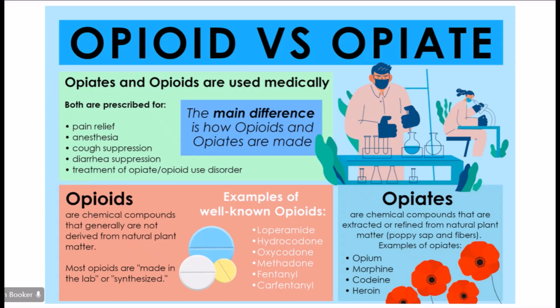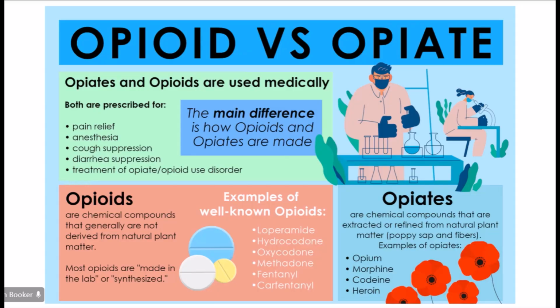Opioid versus opiate. Opiates and opioids are used medically. Both are prescribed for pain relief, anesthesia, cough suppression, diarrhea suppression, and treatment of opioid use disorder. The main difference is how opioids and opiates are made.